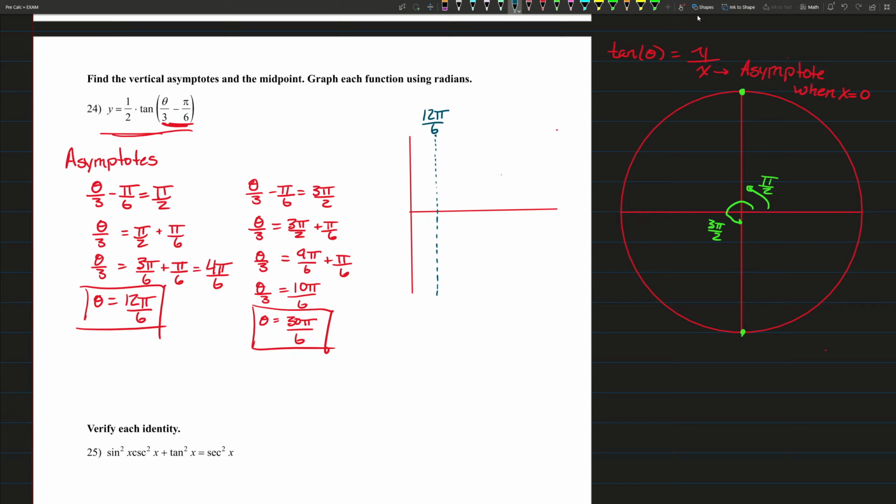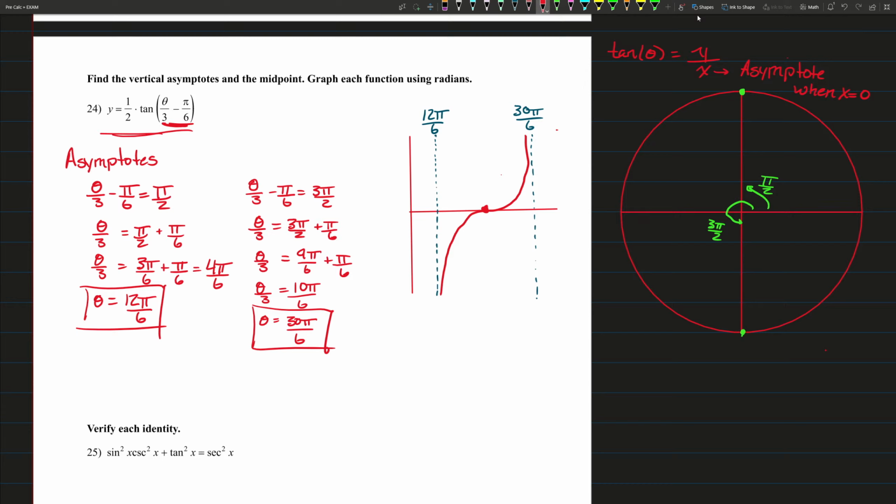And then we have one at 30 pi over 6. And our tangent graph looks a little bit like a cubic, but not quite. And our final job here is to find the center point.